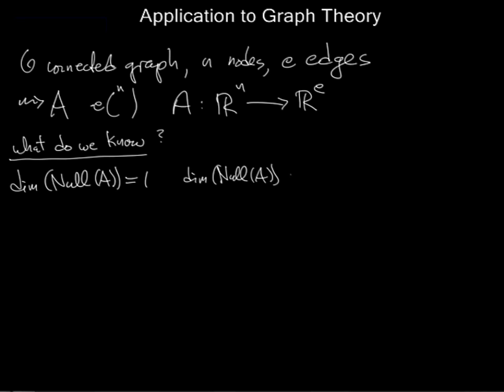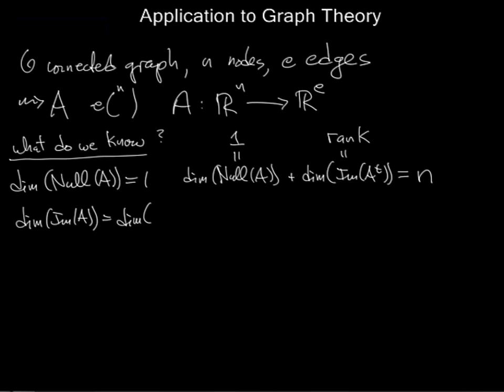And remember, the dimension of the null space plus the dimension of the image of the transpose add up to n, and we know the null space is 1, and this other number is the rank. So I've just concluded that the dimension of the image of A and the dimension of the image of A transpose, which are both the same, are both equal to the rank, and that is n minus 1.